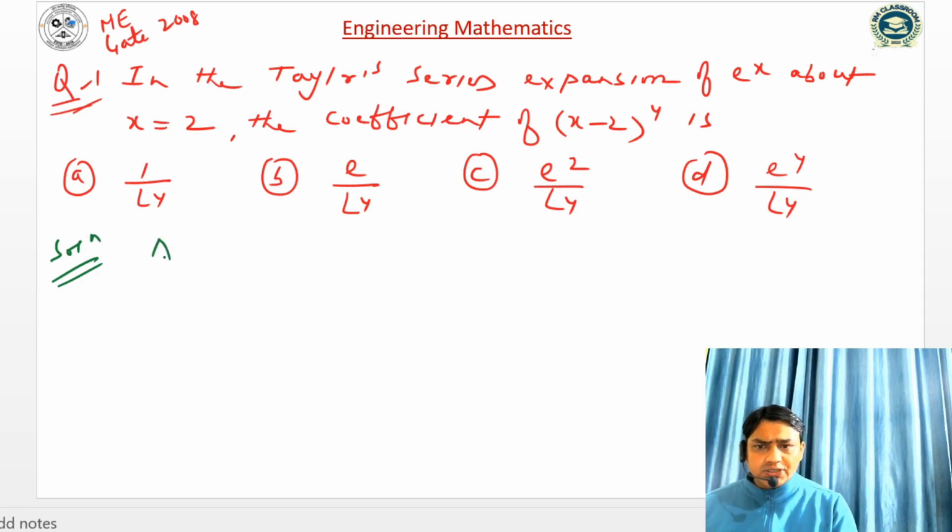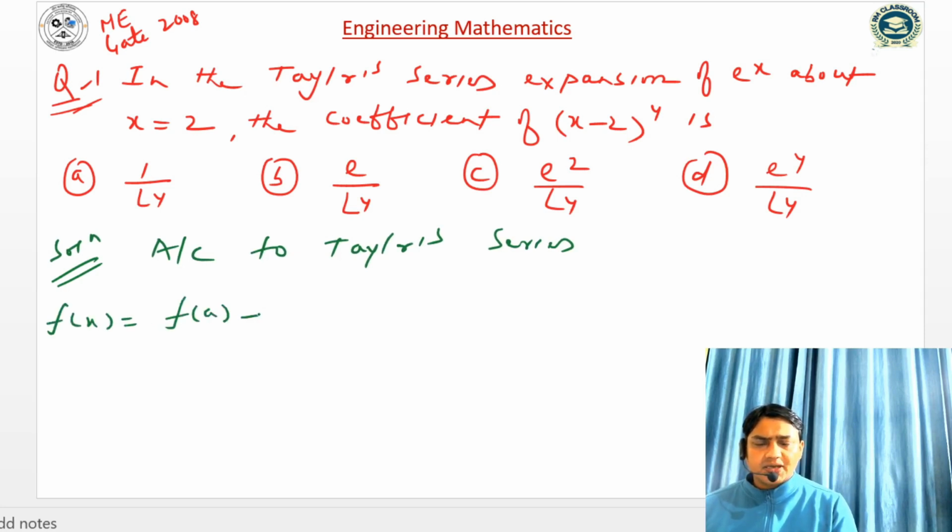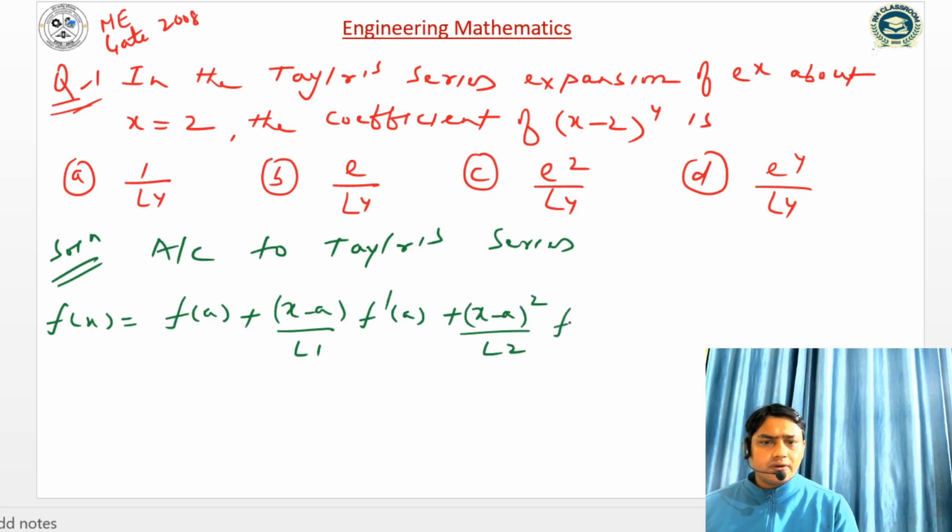According to Taylor series, we have seen that f(x) is equal to f(a) plus (x minus a) divided by factorial 1 f dash a plus (x minus a) whole square divided by factorial 2 f double dash a plus (x minus a) whole cube divided by factorial 3 f triple dash a plus so on and so forth.